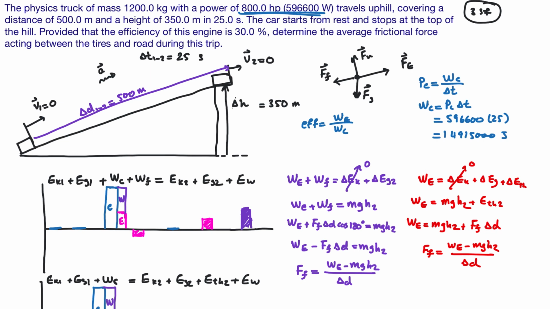And if I were to rearrange this for WE, it would equal to WC multiplied by the efficiency. So that's 14,915,000 times the efficiency, which is 30%, and that's going to equal to 4,474,500 joules. So that's the total amount of energy that's coming from the engine.